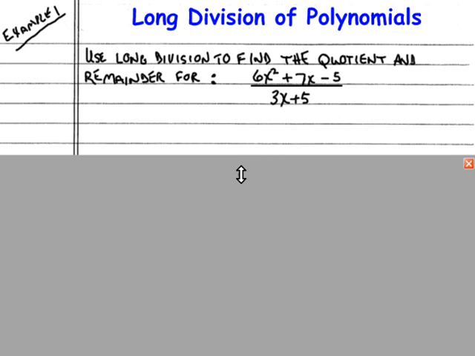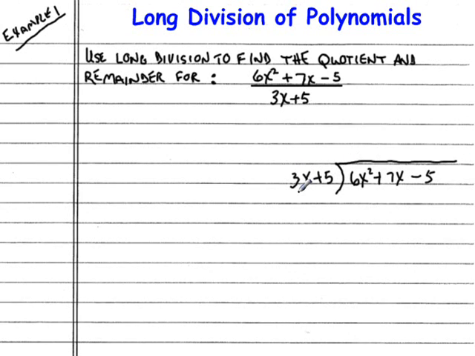Remember, the way we start a problem of long division is we write down the divisor and then our long division symbol, and what we're dividing into, the dividend, goes underneath the long division symbol. Now, as we get started on this problem, what I'd first like to do is refer to what it would look like if we were doing some kind of division with whole numbers.